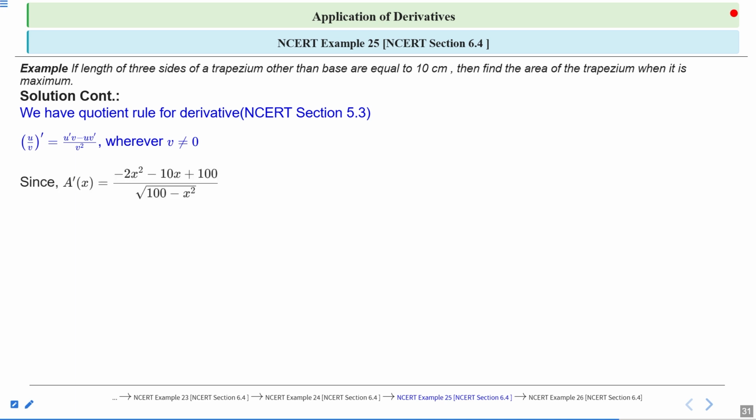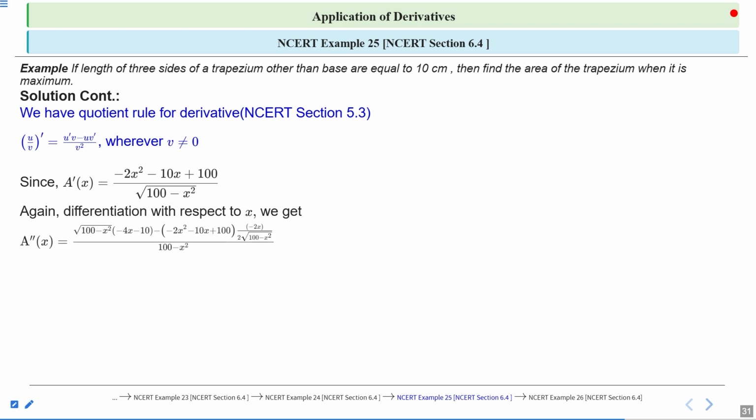Since A'(x) is equal to minus 2x square minus 10x plus 100 upon root over 100 minus x square, again differentiating with respect to x, we get A''(x) equal to root over 100 minus x square into minus 4x minus 10 minus of minus 2x square minus 10x plus 100 into minus 2x upon 2 times root over 100 minus x square, upon 100 minus x square, which is equal to 2x cube minus 300x minus 1000 upon 100 minus x square to the power 3 by 2 on further simplification. Clear?